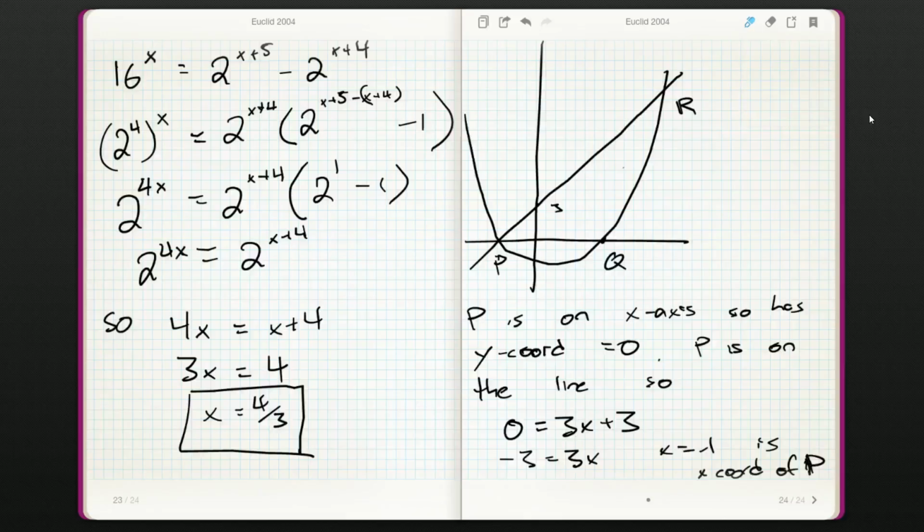I'm just going to add that in blue to our picture here. Negative 1, 0. Okay. I think that should be enough information to figure out what t is. So P is on the parabola.